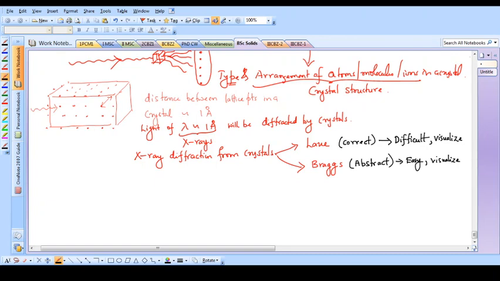Scientifically this is not correct, but we are using it because the results obtained by Bragg's approach are the same as the experimental results. So that is the reason why we are using Bragg's approach. So what is this Bragg's approach? That is the topic of today's video, Bragg's law or Bragg's equation. We'll continue this in the next video.